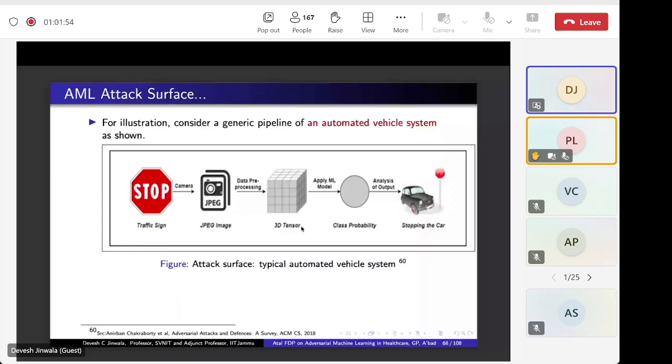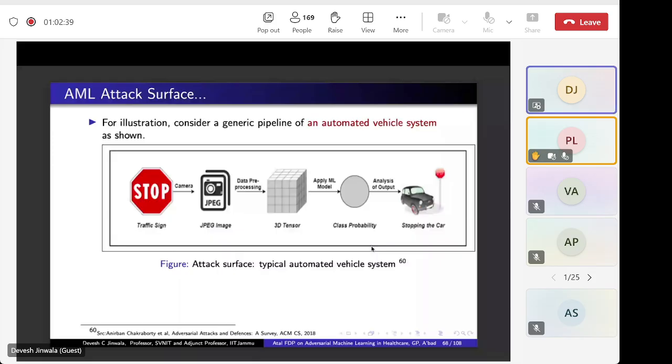The adversary can either play foul on the camera when the traffic signals are being given as input to the system, or attack the data processing part of the entire system, or attack the model where the 3D tensor is applied to the machine learning model, or give a wrong sort of input when the model is going to do classification. The adversary would give an input for which the model is not trained, so the model would not be able to detect or predict what is to be done, and would not be able to identify the stop signal. I've not included that in my presentation, but there are papers.